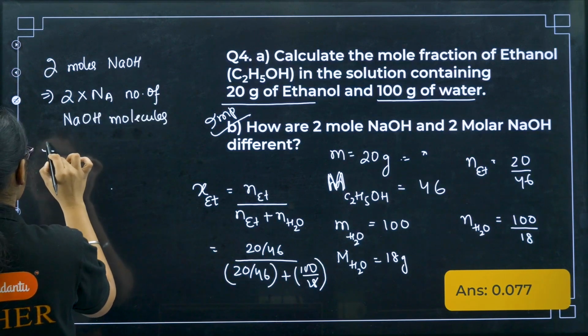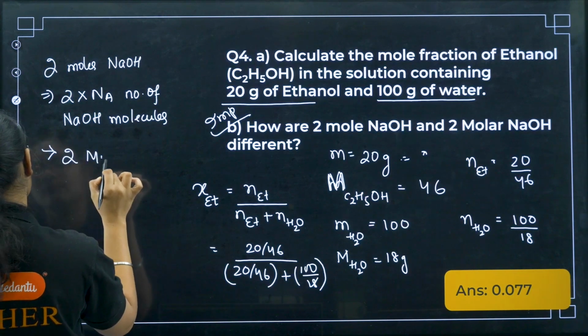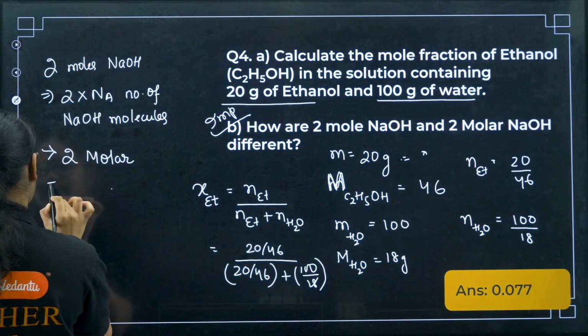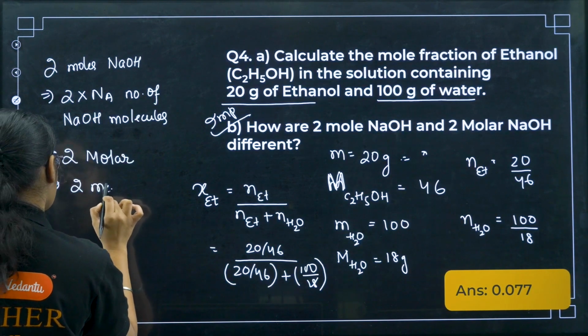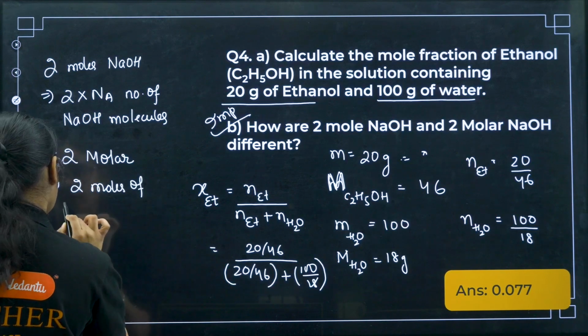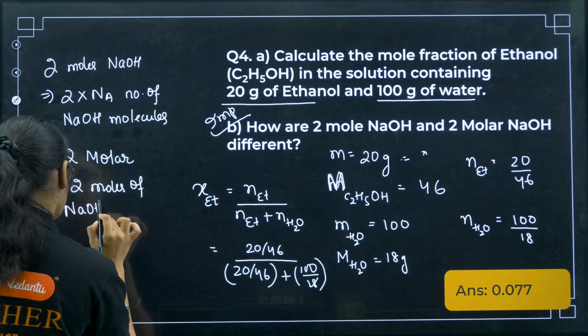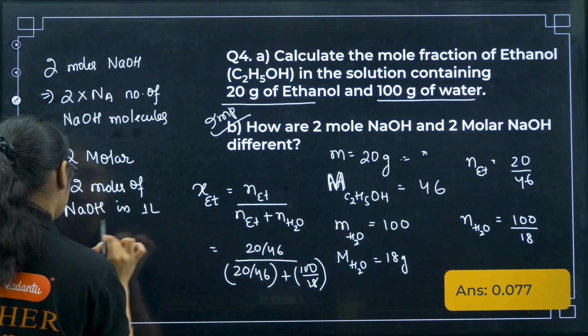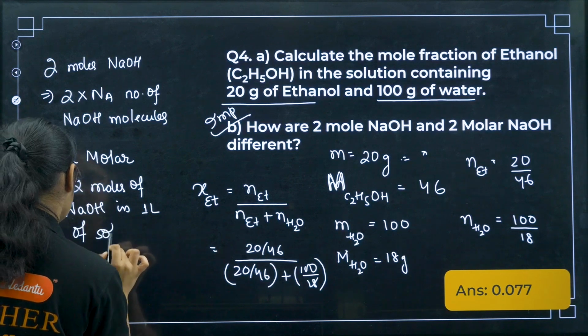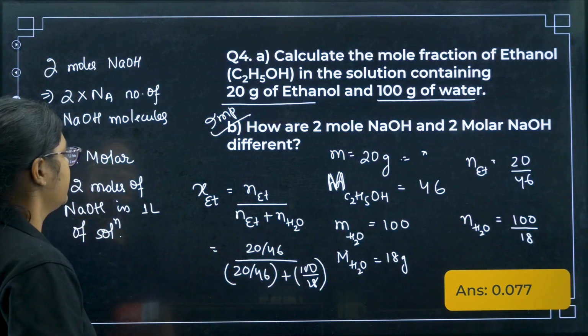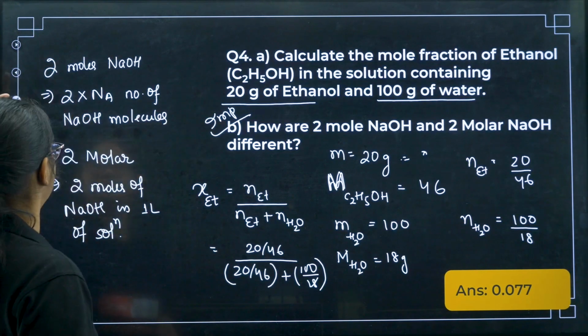When I say 2 molar, that implies 2 moles of NaOH in 1 liter of solution. That is what molar and mole mean.